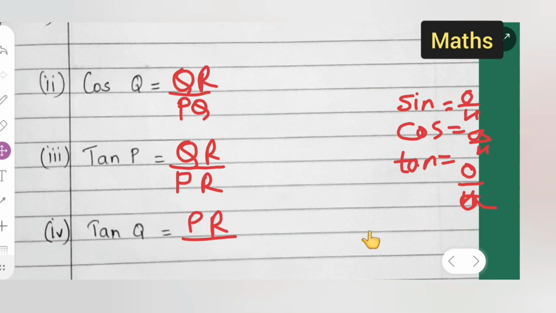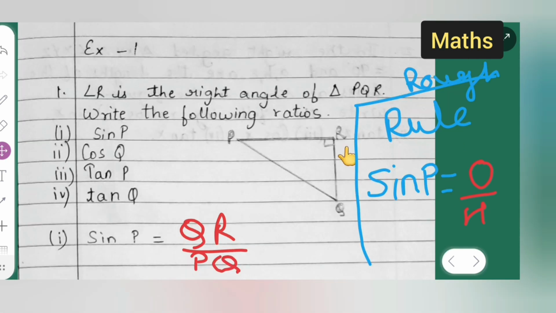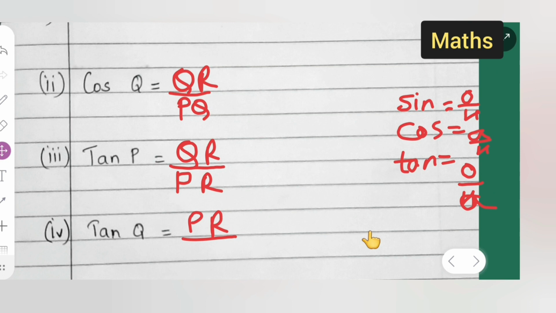Since PR is the opposite side of Q, your adjacent side will be QR. So write it down: tan Q is PR upon QR. I hope you all have understood question number 1.